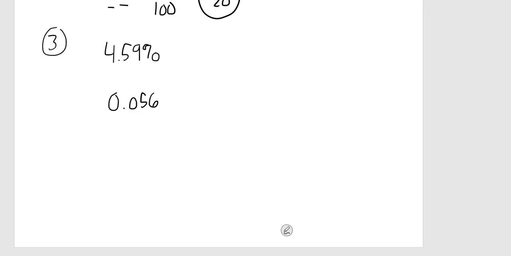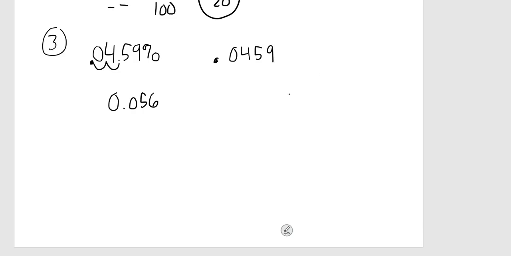Okay, so for number 3, you are asked to write 4.59% as a decimal. So it already has a decimal actually, but if we want to take away the percent sign, we're going to have to move that decimal 2 places to the left, and then we have to add a 0 in that empty space. So we would have 0.0459.